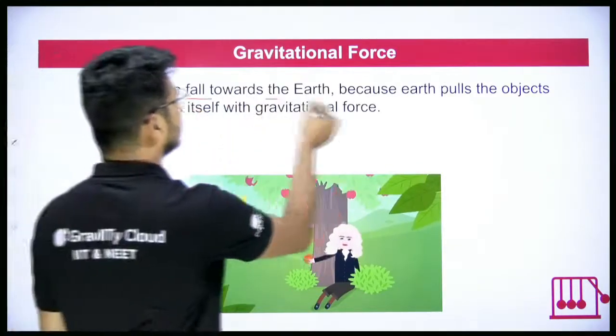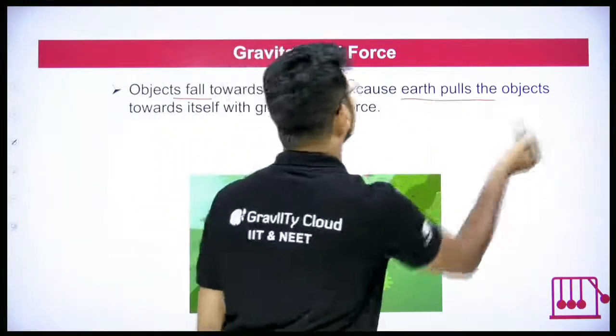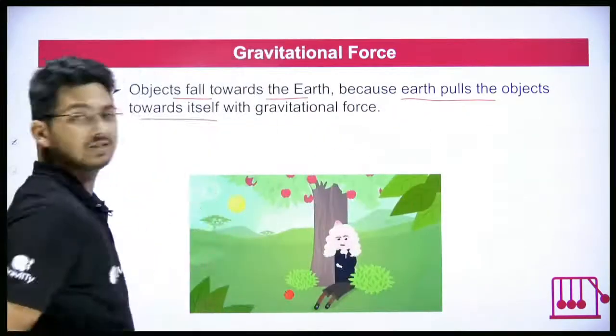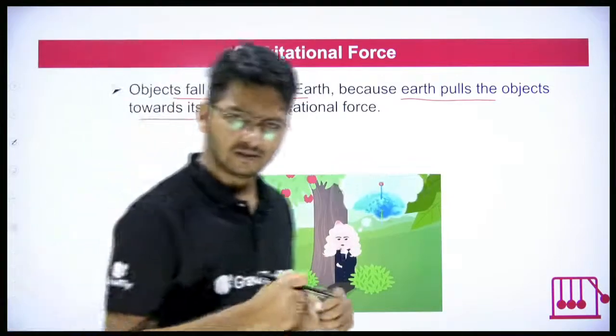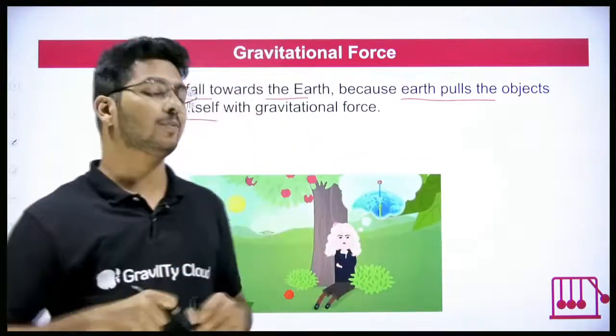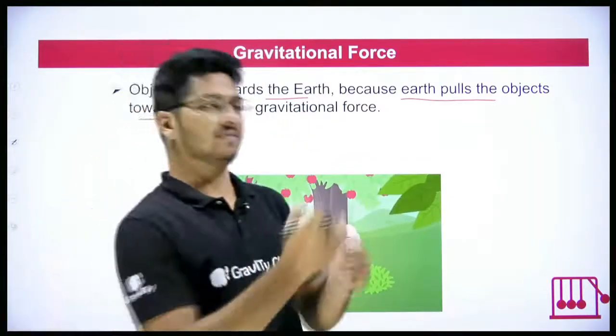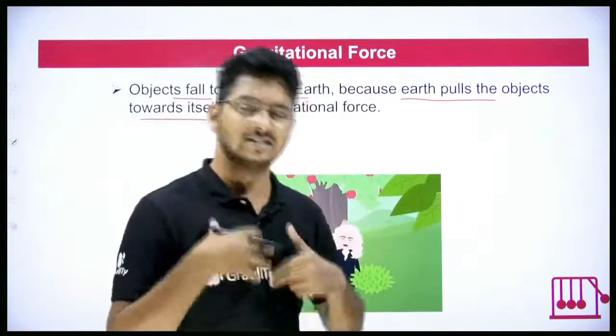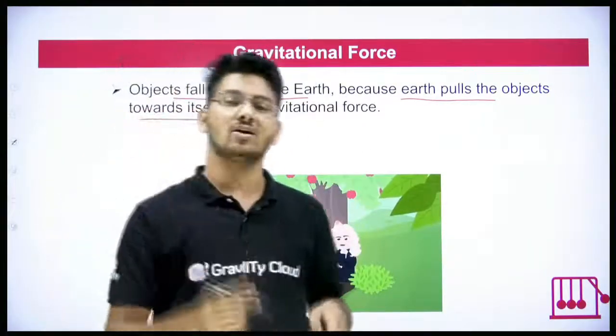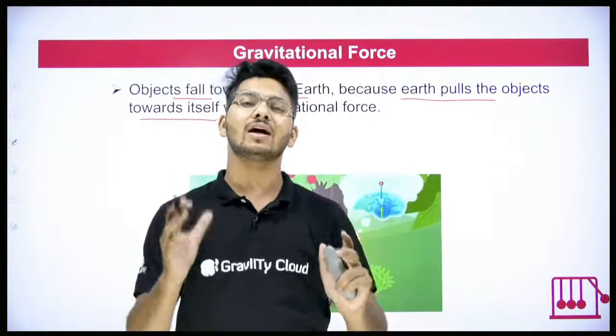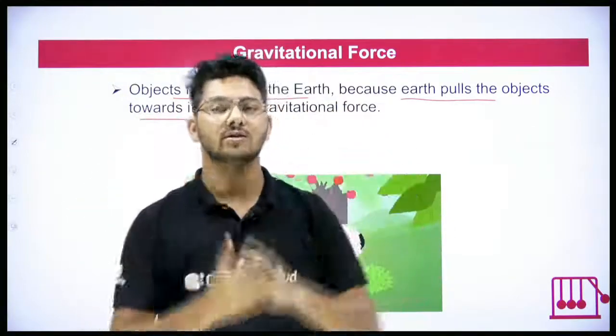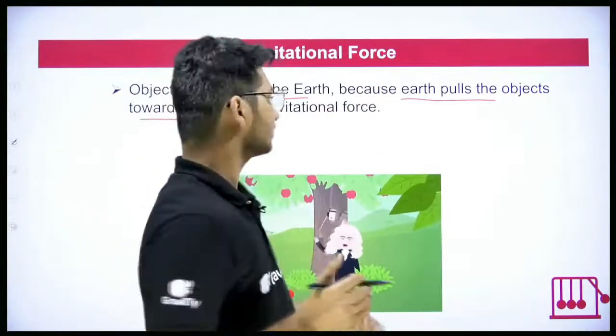Objects fall towards the earth because the earth pulls the objects towards itself. Every object. Earth will pull every object towards itself. That is, there is a force on us, on the screen, on the pen, on the remote, on everything that you can see towards the earth. Clear?